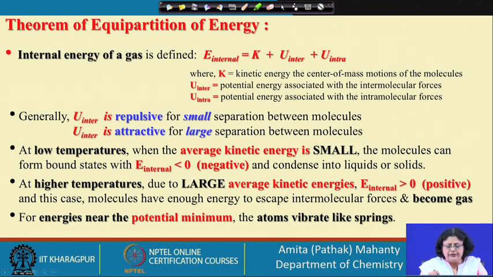The molecules can form bonds or bonded states, which means the attractive intermolecular forces are in play. So, we will have a negative value of the internal energy, and this will give rise to condensation, a gas forming into a liquid or a solid.